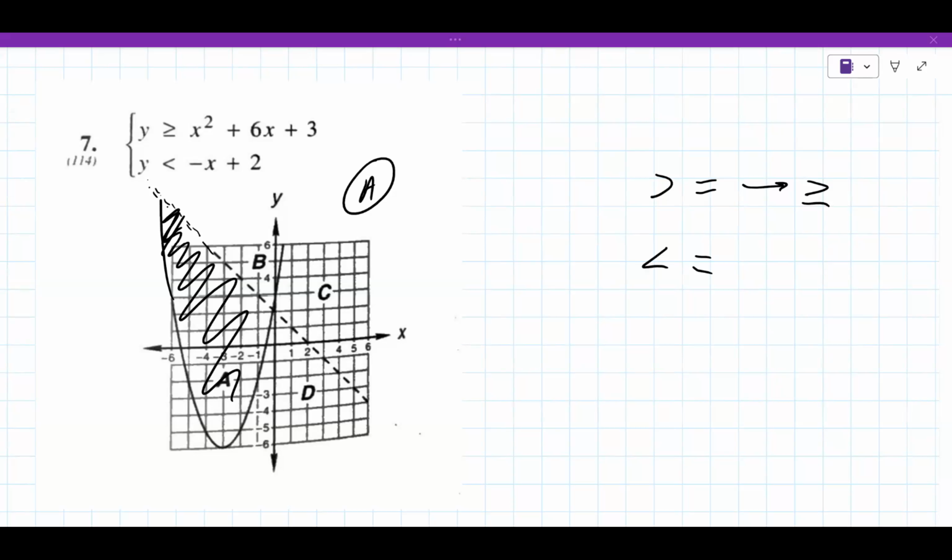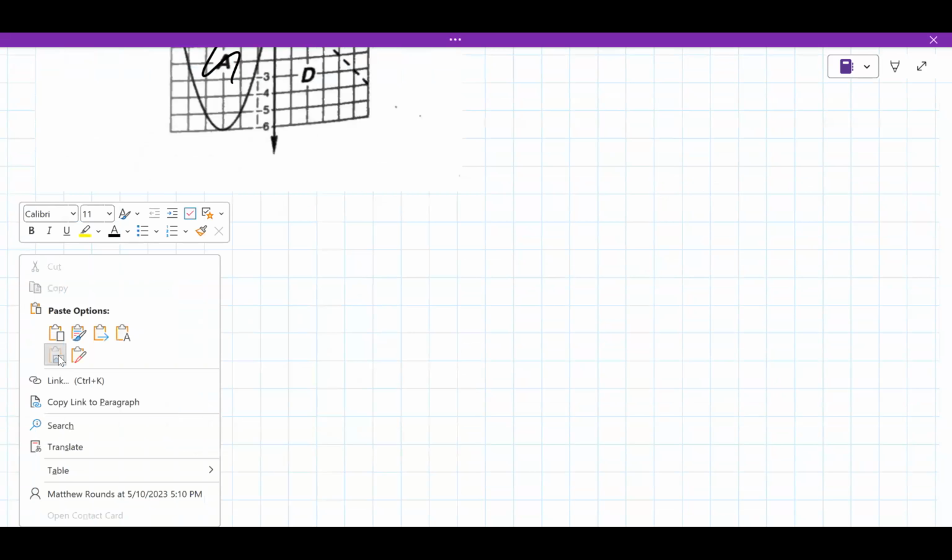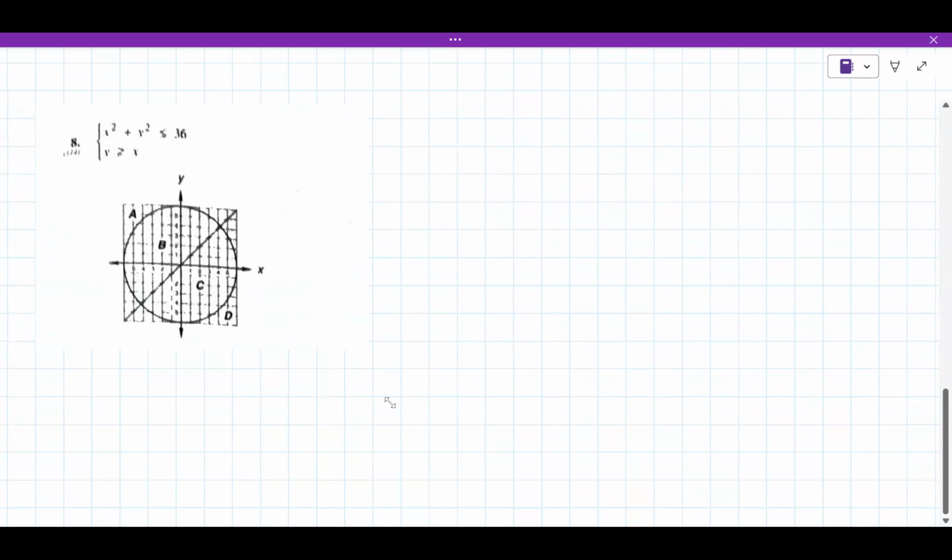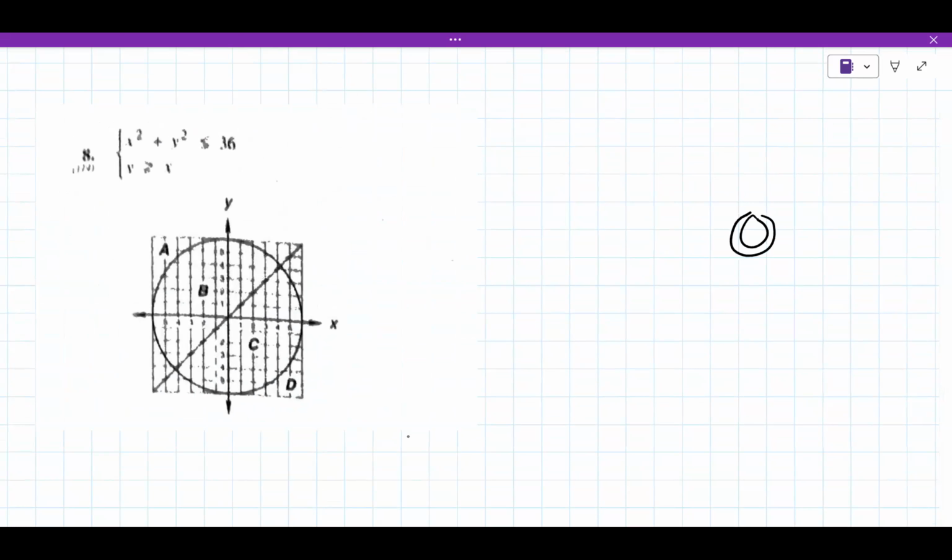For 8, I can't read the second one. Is it y greater than or equal to x? This one looks like you might have moved the picture away before it was finished, with the circle thing that goes around when you're scanning. Okay, 114 from 8.